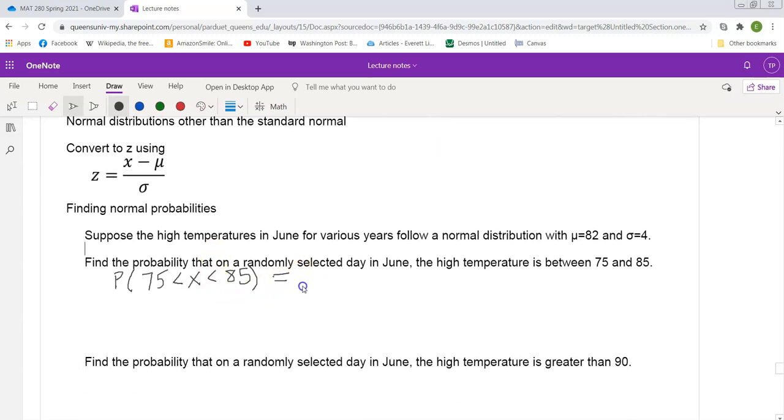So I'm going to take 75 minus the mean, which we know is 82, divide by the standard deviation. And you could think about it as converting here just like you're subtracting the same number from both sides, except we're doing it in all three places.